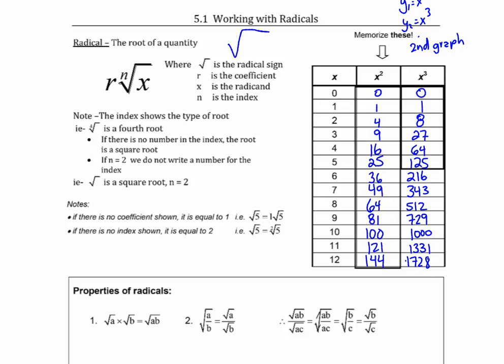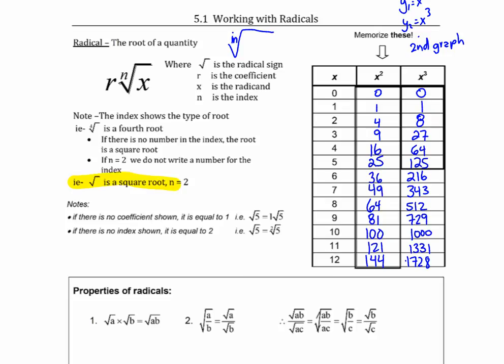So your index goes inside the little V. The index. If it's a 2, we don't have to write it, right?